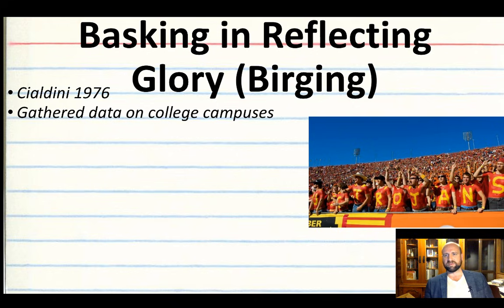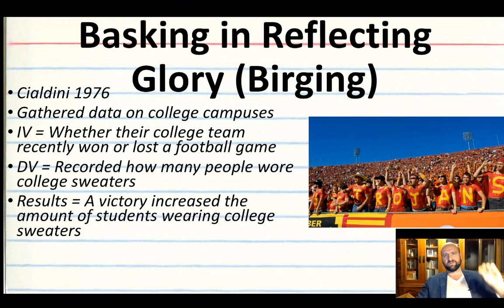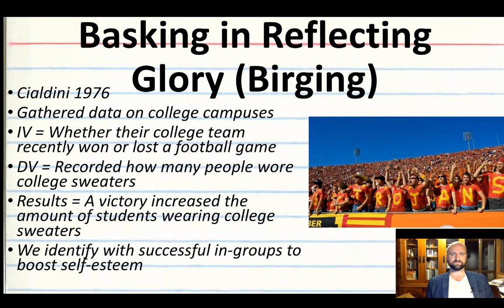In other words, how many people were openly identifying with their in-group, the college they belonged to, and did this connect with winning or losing the football game? What they found was that if their football team won, there was an increase in college sweaters, people who wore clothing with the brand of the college.